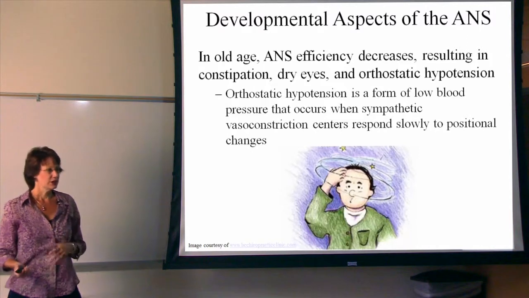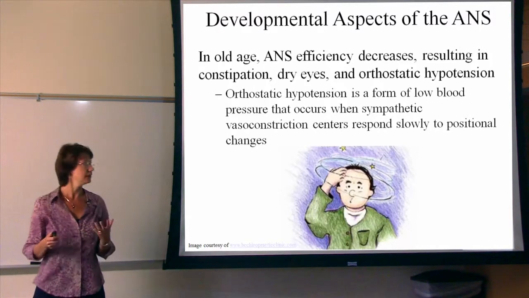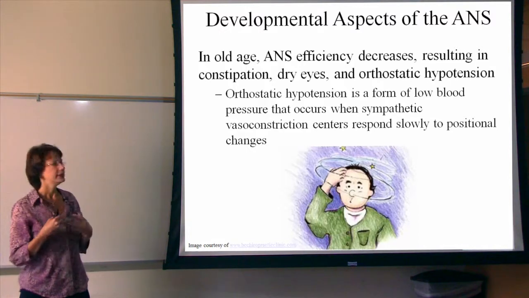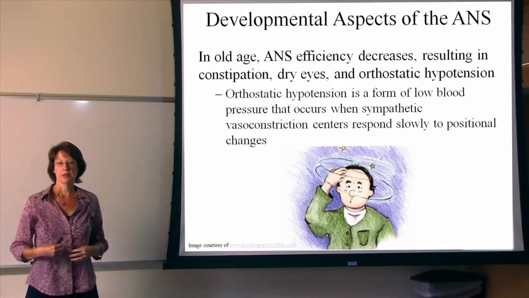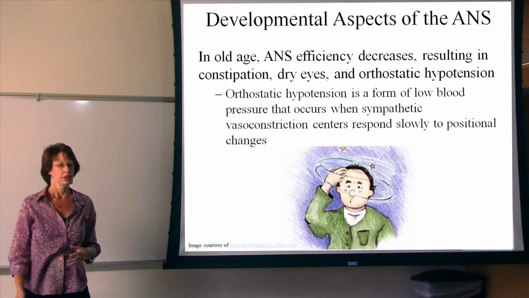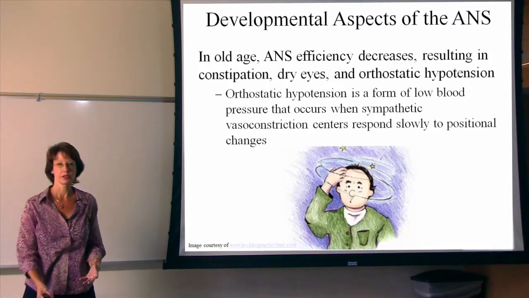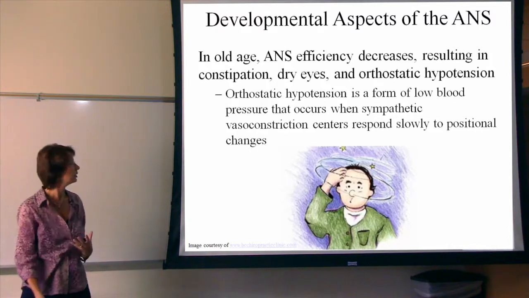As we age, the autonomic nervous system really declines in efficiency. So you tend to have things like constipation because the digestive system is not as strongly controlled. The smooth muscles are not as triggered to process food along them.